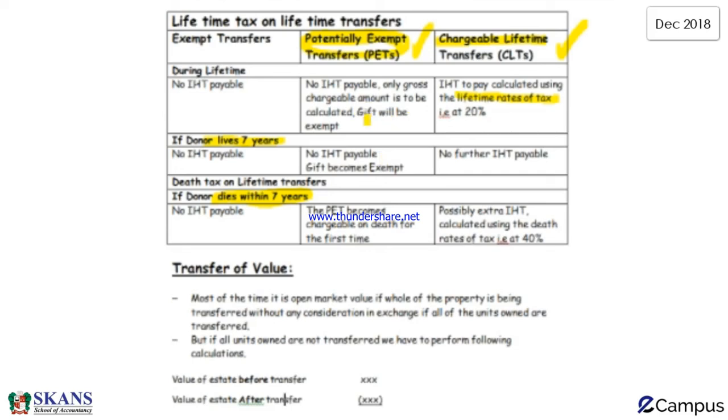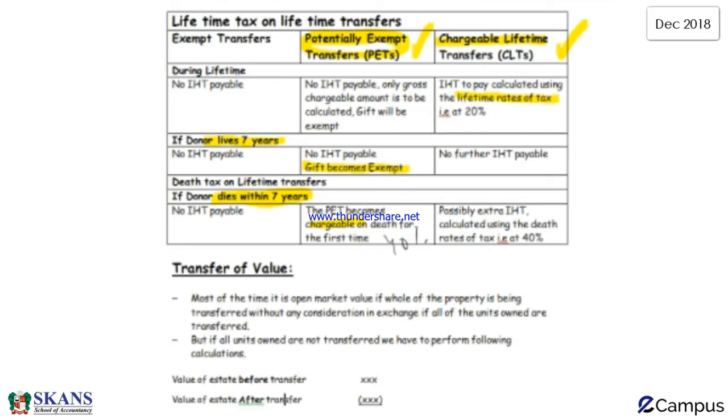If an individual makes a PET, no lifetime tax has been paid, and if they live for 7 more years after making this transfer, they would not pay any IHT either in lifetime or in death calculations. But if they die within 7 years, this PET would not remain a PET as it would become a chargeable transfer, and then we will calculate death tax on this transfer at the rate of 40%, which is the rate for death calculations.